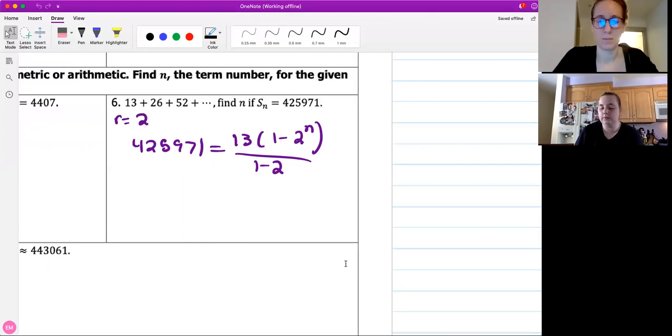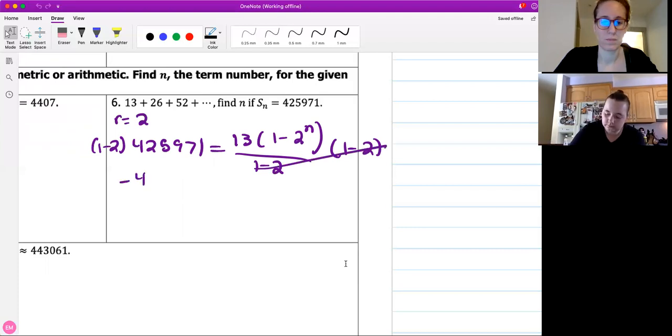The first thing we need to do is get rid of that 1 minus 2 on the bottom, so we multiply both sides by 1 minus 2. That's going to cancel, and we're left with negative 425,971 on that side, and then what was on top on the other side.